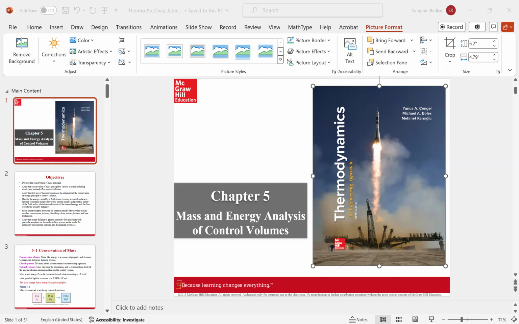So in this chapter, we are going to talk about what we mean by control volumes. We will apply the first law of thermodynamics to the control volumes, and at the end of the day, we would apply the energy balance equations at the beginning and at the end.